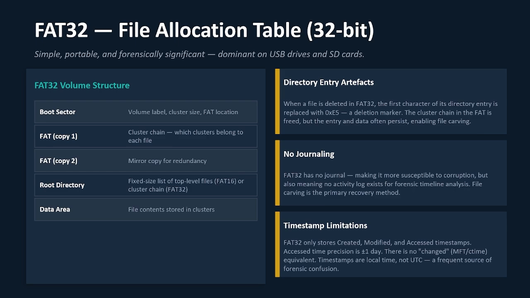Nowadays, everyone uses NTFS just because it is so much more feature-filled and robust and reliable, and it also supports larger drives. FAT32 does have a limitation on the actual file system size and the drive size and individual file size, and so there's a reason why it's not used as much.